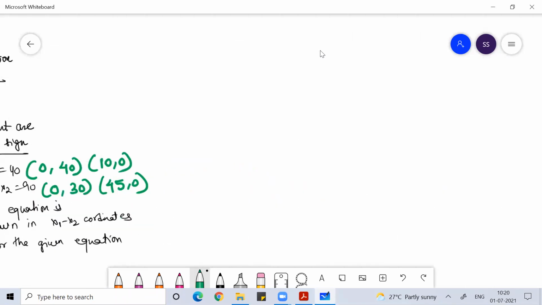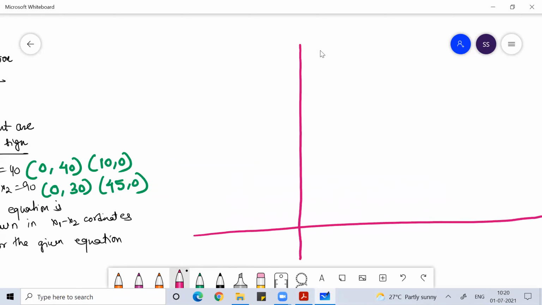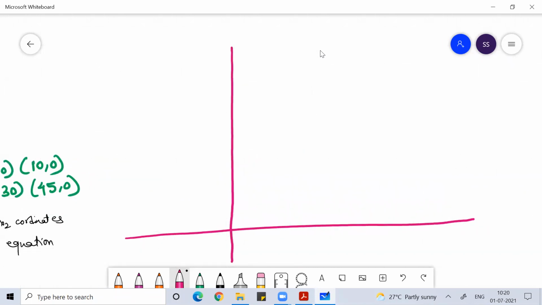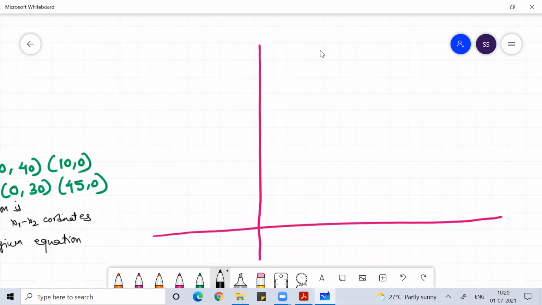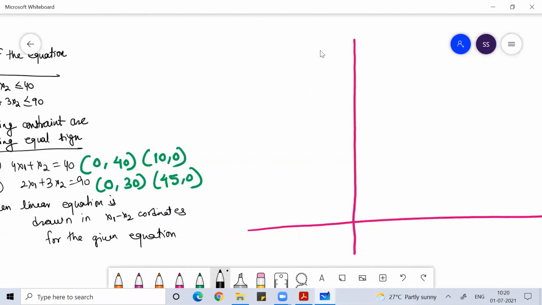Once we get the coordinates, we'll draw the XY graph. As you can see, I'm getting only positive values. So here you have 45.